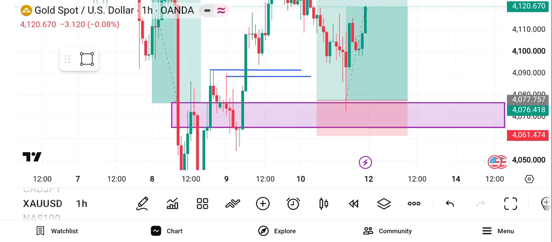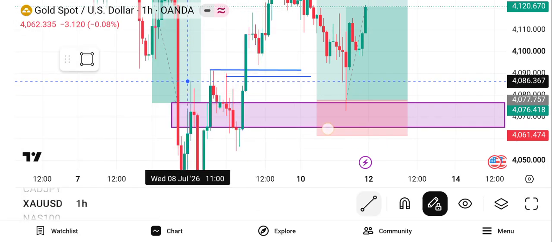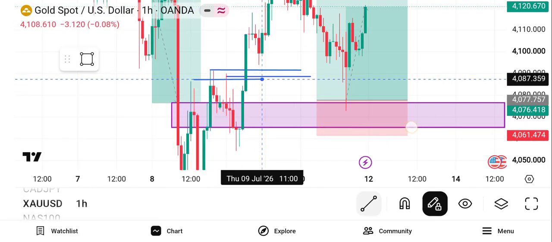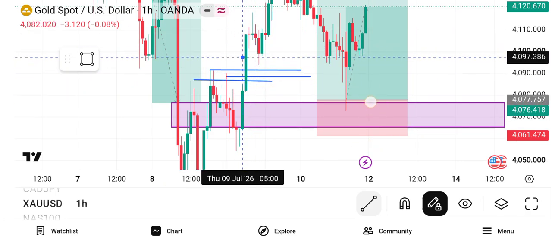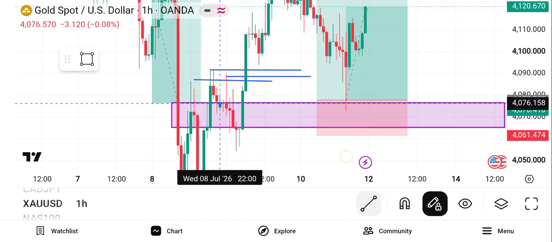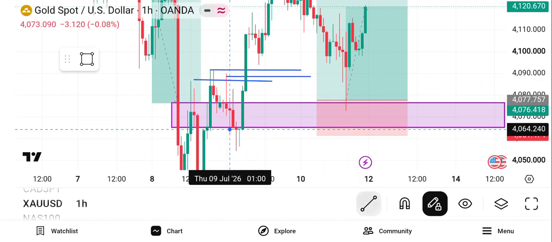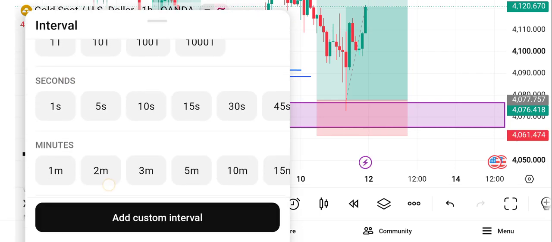It took out this zone and gave me a multiple break of structure because this zone also was taken out by this bullish candle. After that, you can see I have this point of interest, and I also have this point of interest. So I switch to my 3-hour time frame.